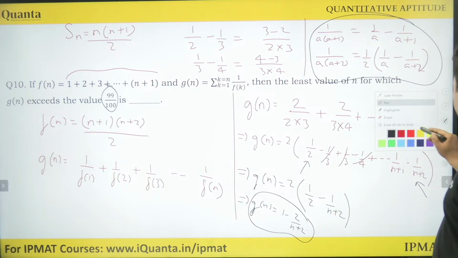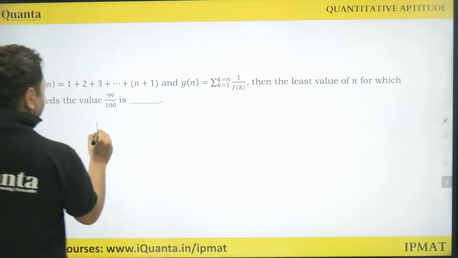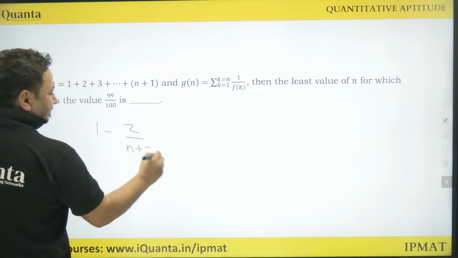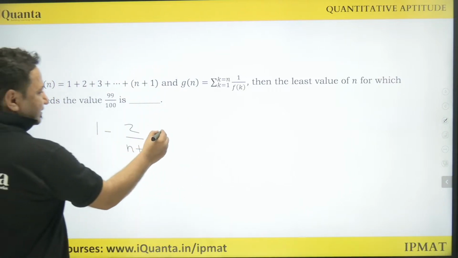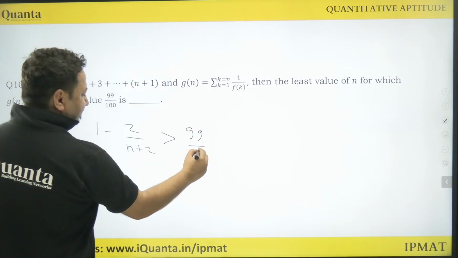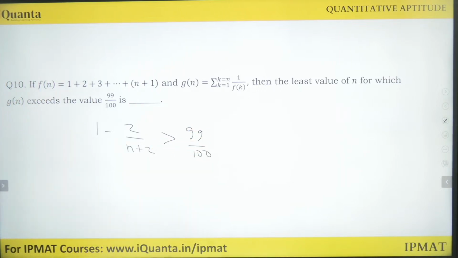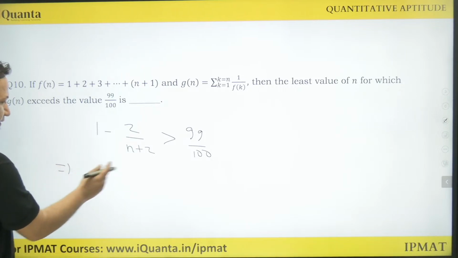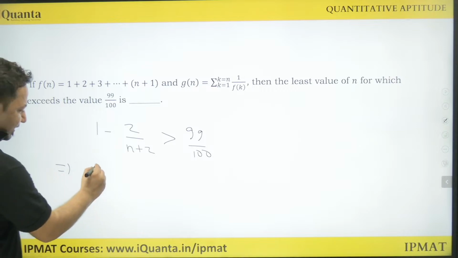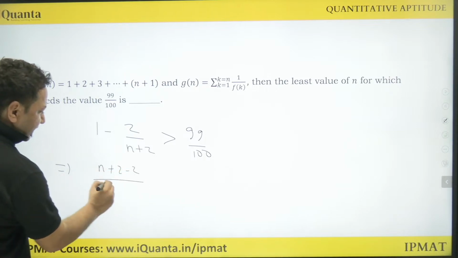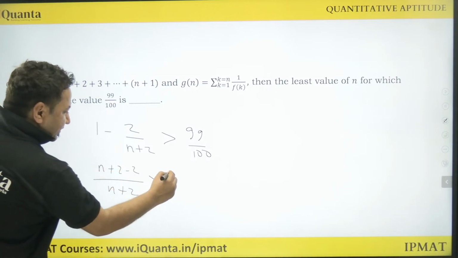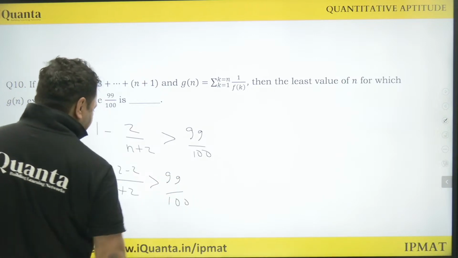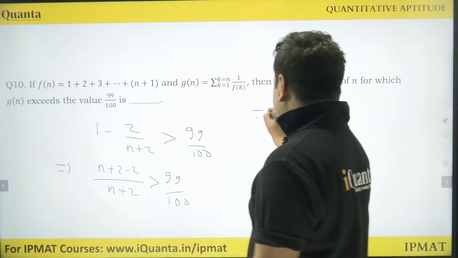So 1 minus 2 upon n plus 2, that is the value of Gn. This exceeds 99 upon 100, that is what we need to calculate now. If I take the LCM and do everything, I'll have n plus 2 minus 2 upon n plus 2 greater than 99 upon 100. 2 and minus 2 get cancelled.